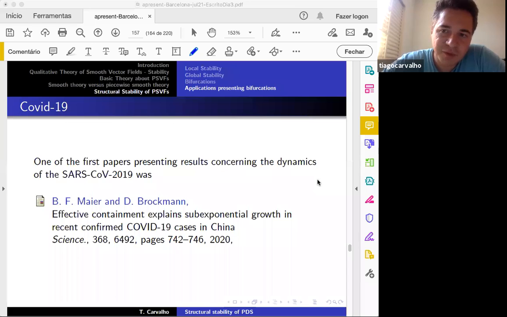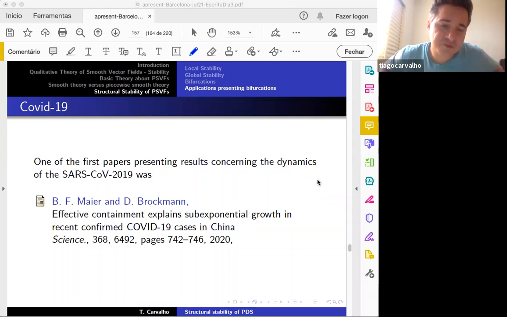One of them is about the source code, and the other one is about HIV dynamics. These two problems can be modeled using piecewise smooth vector fields, and we will obtain topological properties of these models using our theory.